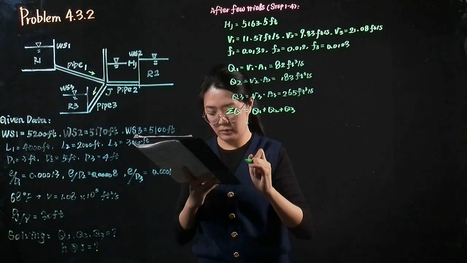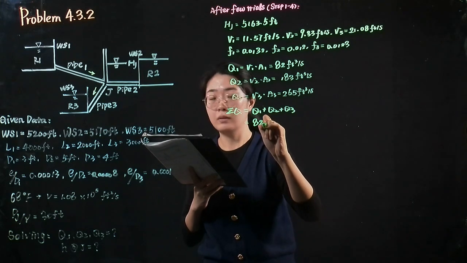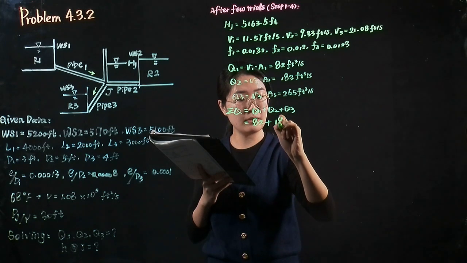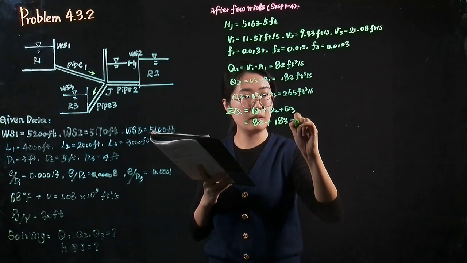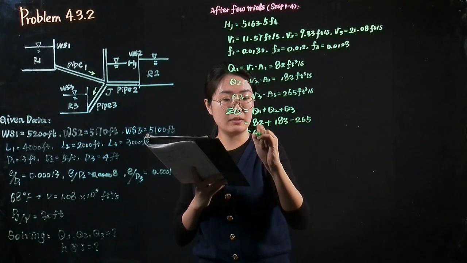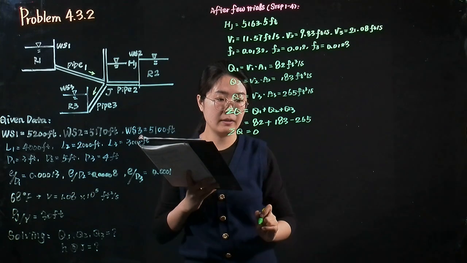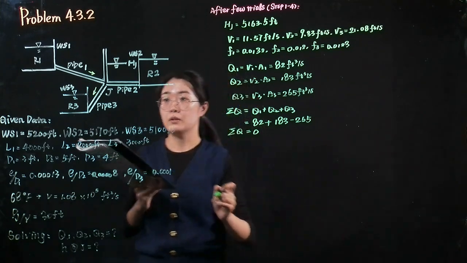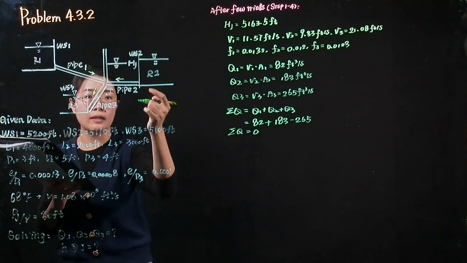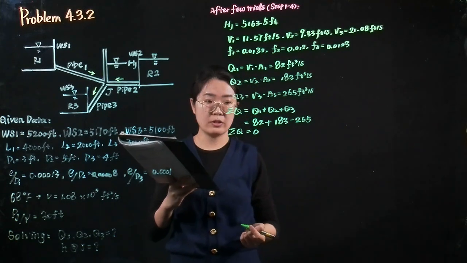It equals to 82 plus the 183 minus 265, which equals 0. Satisfy the continuity equation. So the flow rate in the pipe is in this direction from the reservoir 2 to the junction.